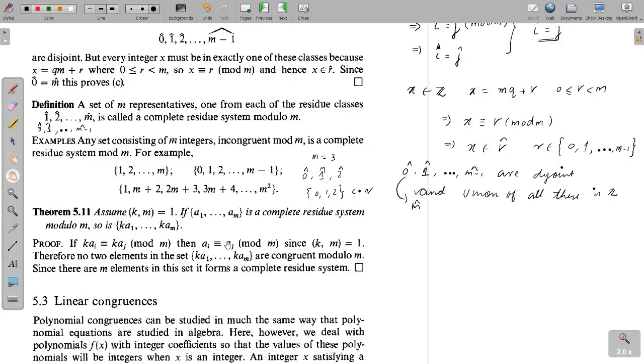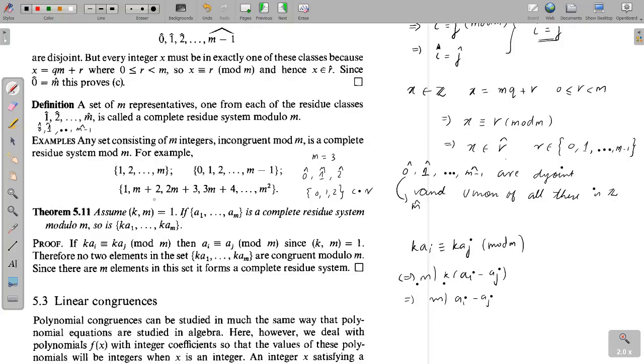So ka_i congruent to ka_j mod m means m divides k times (a_i minus a_j). This implies m divides a_i minus a_j because gcd of m comma k is 1. Consequently, we have a_i is congruent to a_j mod m.